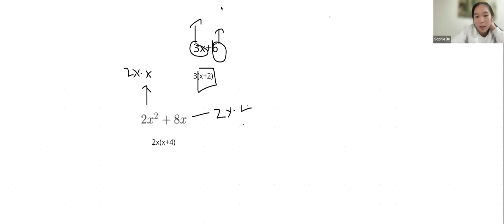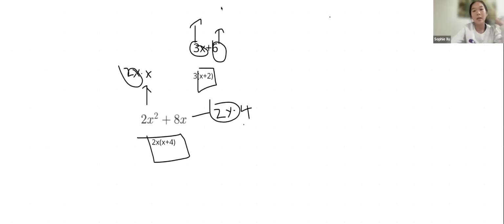Then you just take the 2x out from both sides, and you get 2x times x plus 4. Is that all good? Yeah. Okay.